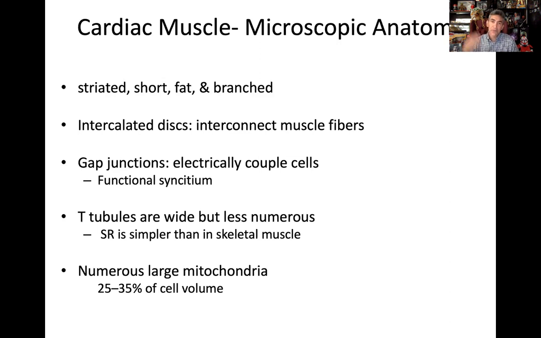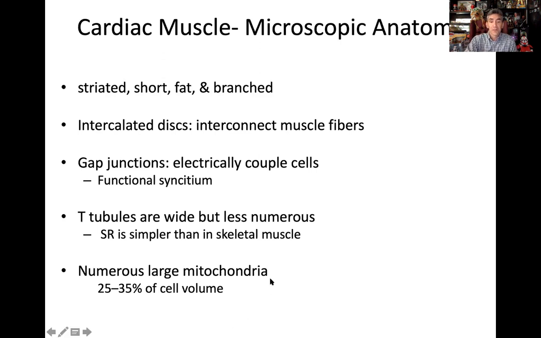T-tubules, I hope you remember what those are from last semester. They're different anatomically and physiologically in the cardiac cells. The sarcoplasmic reticulum is different than in skeletal muscles. So again, go back and review all that stuff. If you are going to be a cell that works and works all day, every day, without a break, you have to have internal modifications for that purpose.